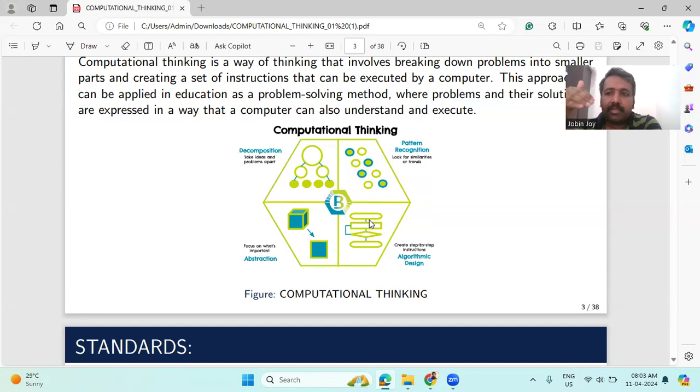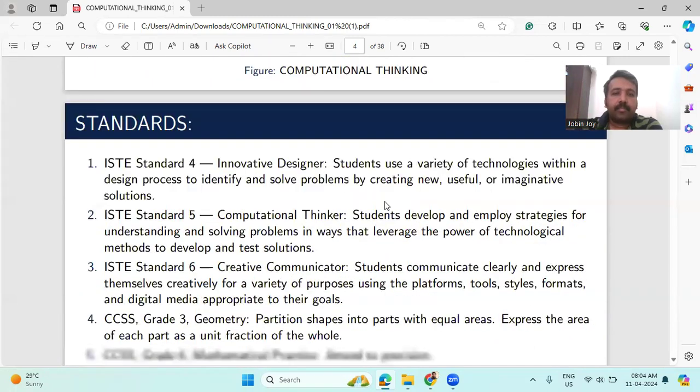So the step-by-step instructions to find the solution of your complex problem, that is what is called algorithmic design or algorithm. If you are applying these four concepts into your problem solving method, then we can say your thinking will be like a computational thinker, or I can say you are a computational thinker.